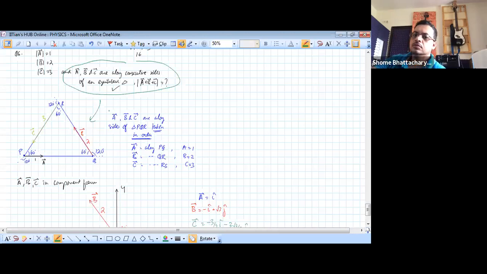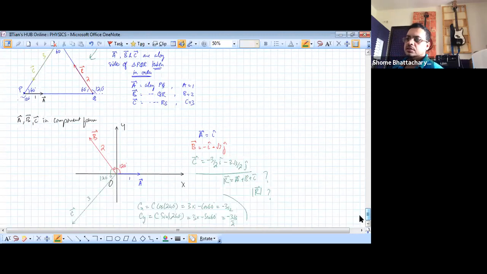Okay, Shikhar, I will note down these also. But first just make sure you are clear about this question. You still have to complete the solution. You have to add these and find out. But now from this step, it's easy.